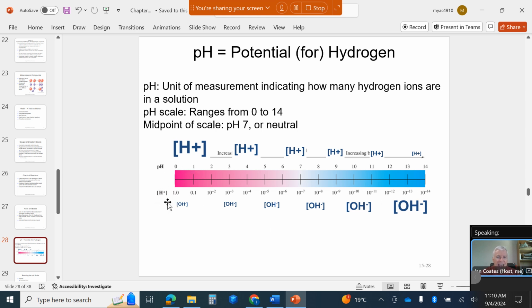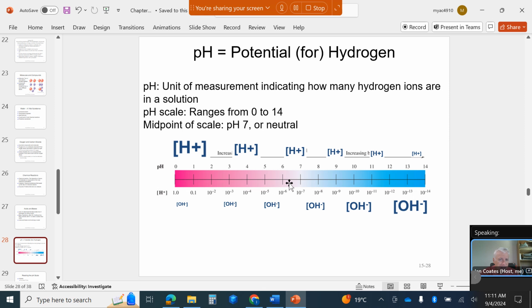If you have an acid with a very, very low pH, watch yourself. That thing will eat through a countertop. If you have a base with a very, very high pH, that is also very dangerous. An acid burn looks exactly the same as a base burn. Dangerous, dangerous.